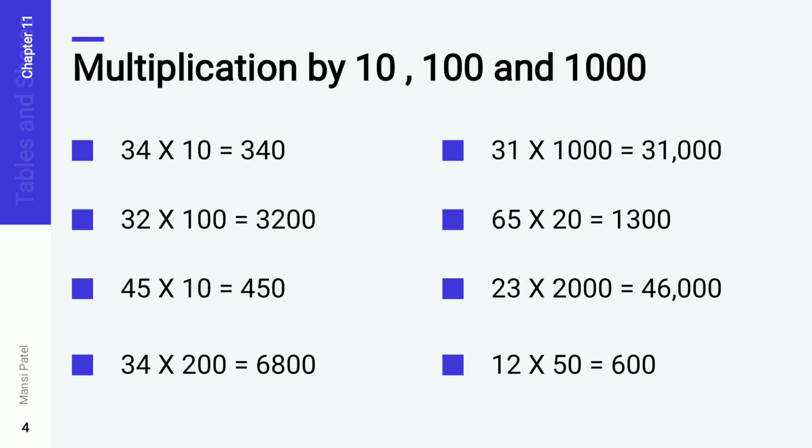But if you have to do the multiplication of a number by a number that has a zero in it, then what do you want to do first? You have to do the multiplication of number by number first, and then whatever the number of zeros are there, that you have to write down.